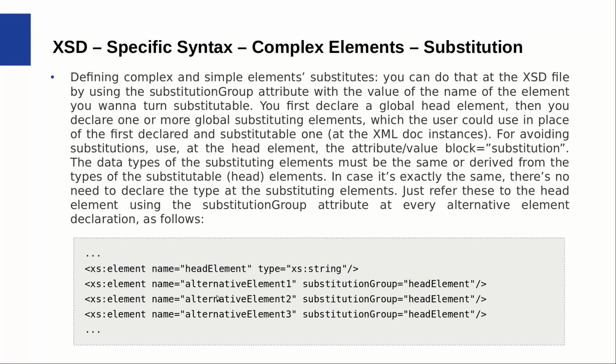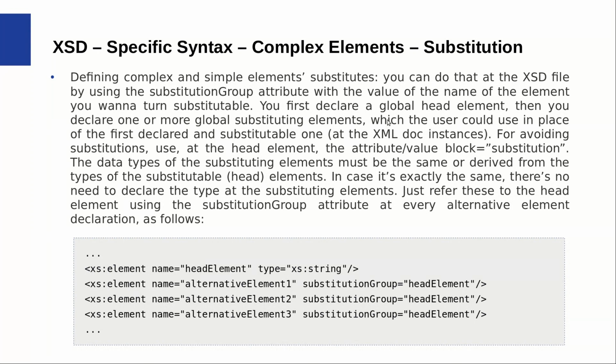In this case, we created 3 alternative elements, and we've used the substitution group attribute with the value of the name of the element that we want to make substitutable by these, in our case the head element. And this means that at the XML instances, anywhere you are expected to use this head element, you could also use any of these 3 substituting elements instead.